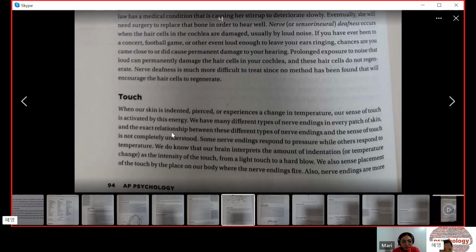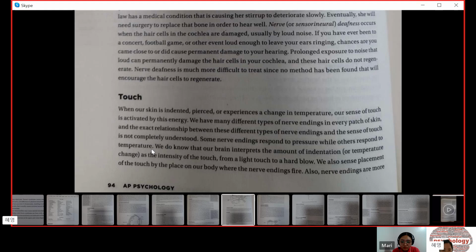An exact relationship between these different types of nerve endings and the sense of touch is not completely understood. Some nerve endings respond to pressure, while others respond to temperature.